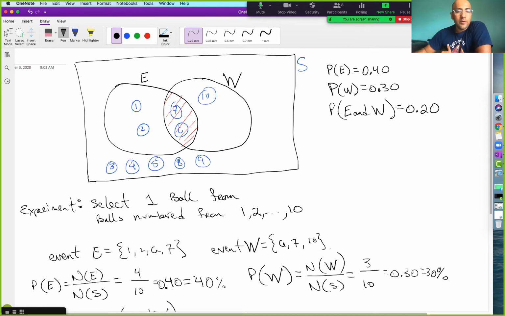E and W is saying both of them are winners, right? There's only 2 ways that can happen. On the other hand, if I want to find the probability of E or W, it means that either E wins or maybe W wins, or maybe they both win, right? One or the other. What's the probability of E or W?